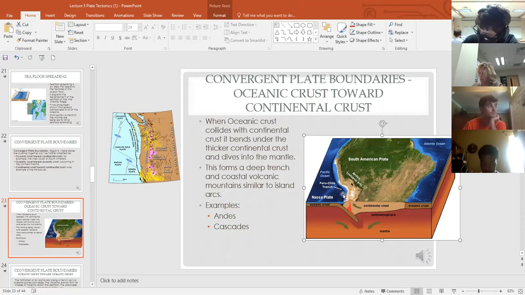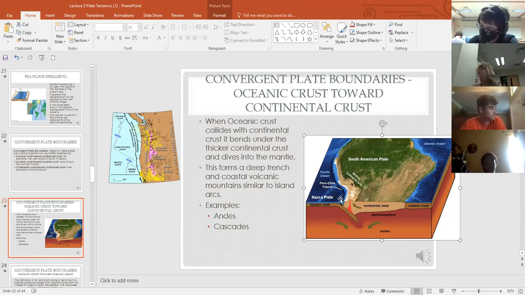Side view, top view. So typical subduction, you have a subducting plate, an overriding plate, a trench, and a volcanic island arc, or in this case, a continental volcanic arc.